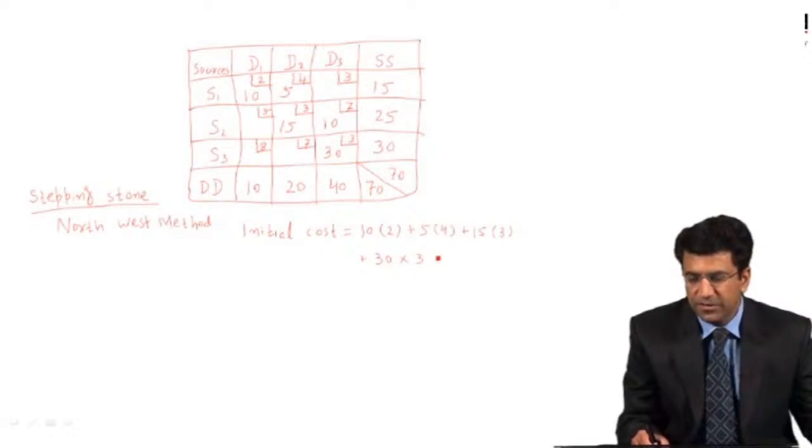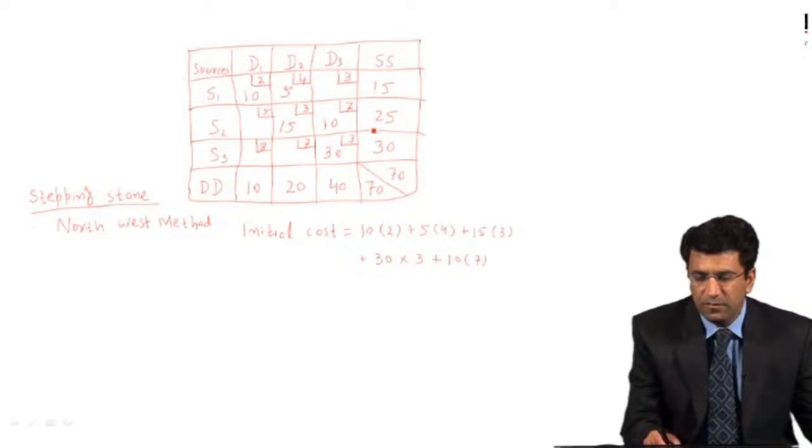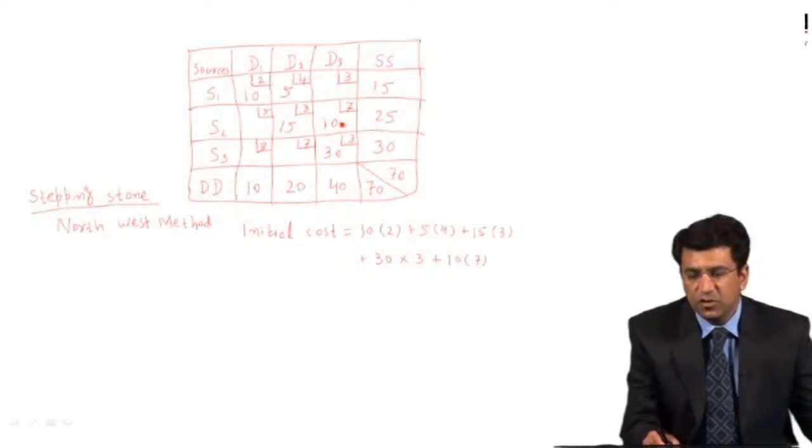Plus a cell still remains here, that is 10 multiplied by 7, the cost for this cell which I missed, that is S2 to D3. So we have calculated the total cost for all of the occupied cells.